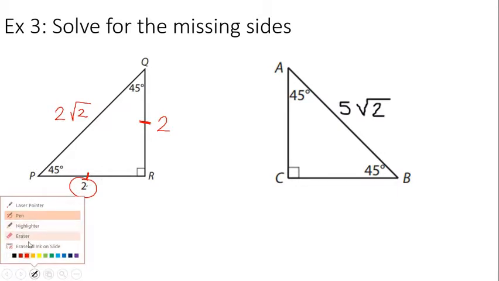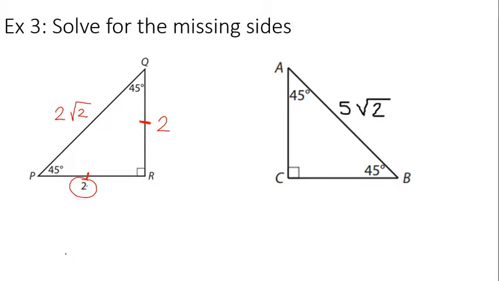Okay, and let me go to the other one. Still a 45, 45, 90 triangle. So we know these two are the same. What we know here is that this side here is x square root of 2, and these two here are x and x. So what we know here is that our x is 5.